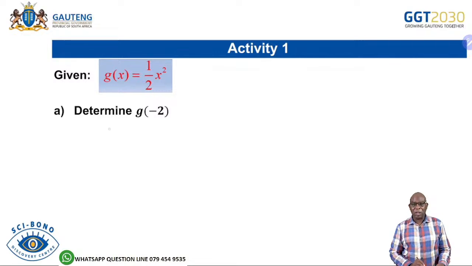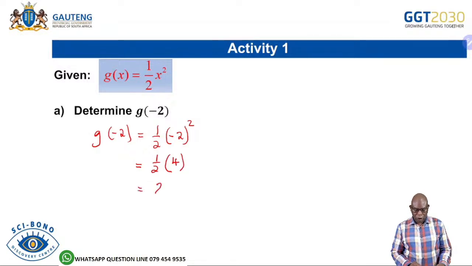So I'm having x equals -2. For x to be -2 means that wherever I see x, I substitute it by -2, but that is squared. So I'm now going to get half times -2 squared, which is 4. So I'll get a 4, and then half of 4 is 2. What does this mean? It means that I've got a point here, -2 and 2.